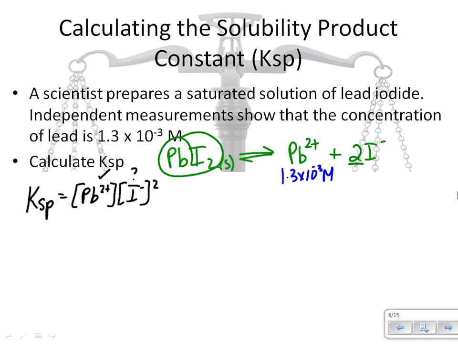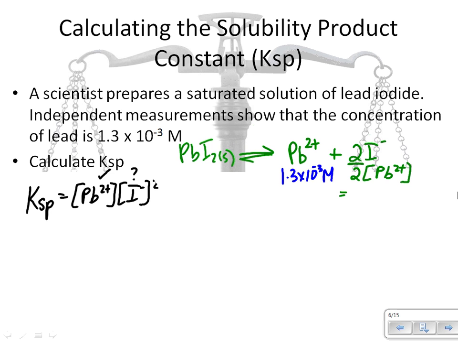So if I've broken apart the lead iodide into lead, and this is my concentration, the iodide is going to be 2 times my lead concentration, because I have 2 iodide ions for every 1 lead that breaks apart. So I'll just rewrite that so we can see it better. PbI2 as a solid. I know it's going to be twice as much as my lead concentration, so it'll be 2.6 times 10 to the negative 3 molar.